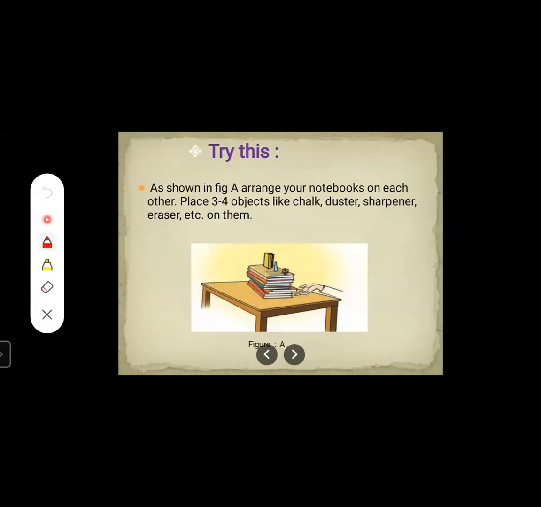Next important is the activity about the earthquake, how the earthquake moves, or how, due to the earthquakes, the movements occur. That is this activity. See here. Now, on the table, we have kept these books. Yes, and on the notebooks, we have to place some objects like chalk, duster, sharpener.